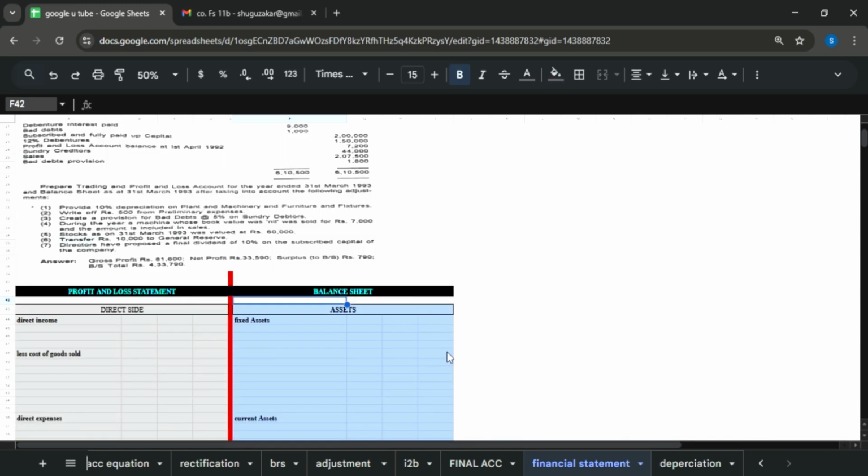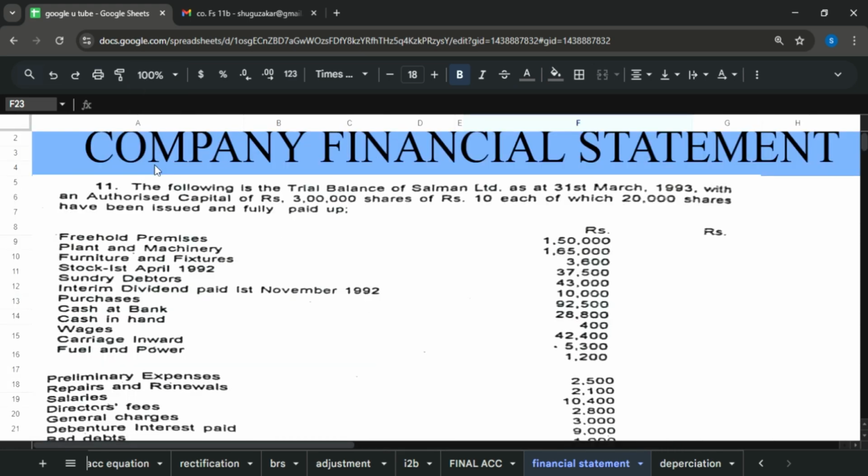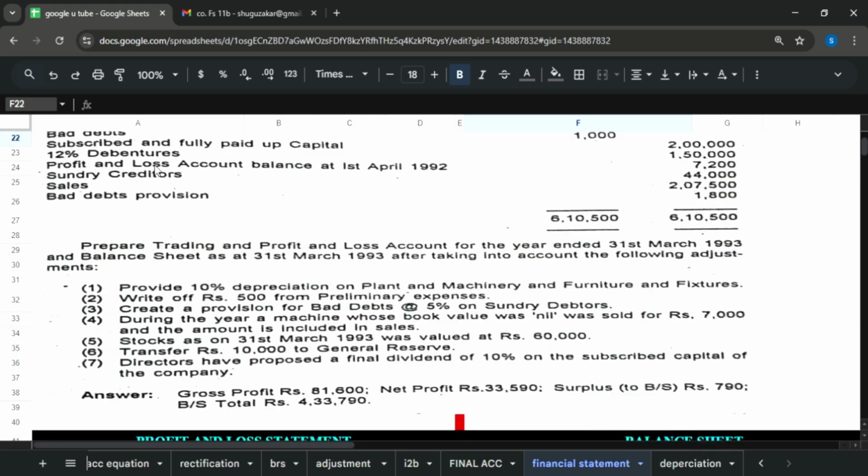So this was a brief overview of the question, and I'm sure you now understand what our target for today is and what we are going to do. If in any question adjustments are present beside the trial balance, we will solve these adjustments as our first step.